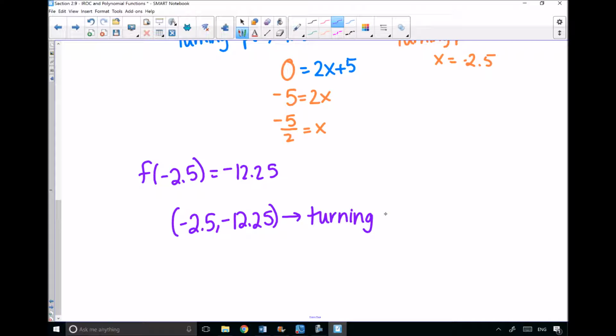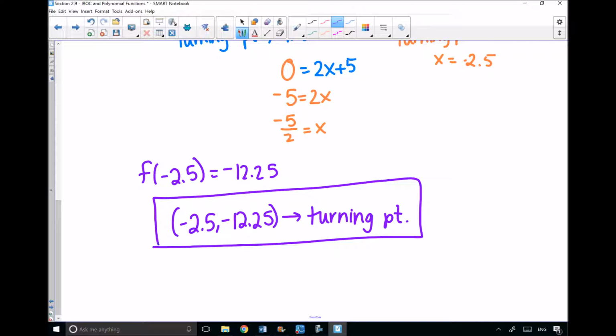Now the question is, is my turning point a minimum or a maximum? Well, there are several different ways I can do this. But I'm going to show you a new way to do it, and then we're going to confirm with the method that you guys already know. So at negative 2.5, I know my rate of change is 0, if I were to put this on the number line. But before negative 2.5, I don't know what my rate of change is.